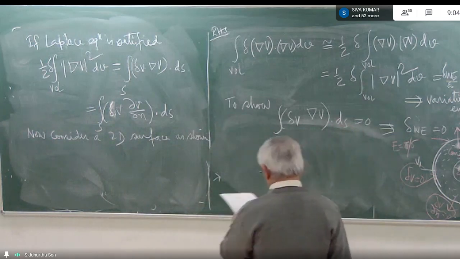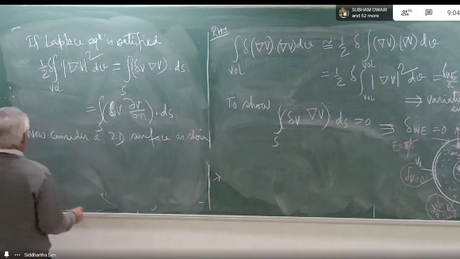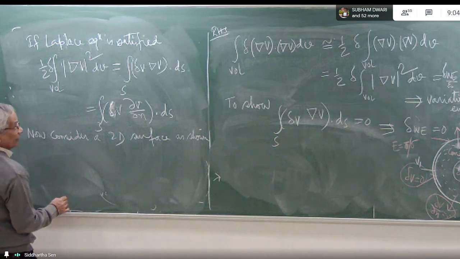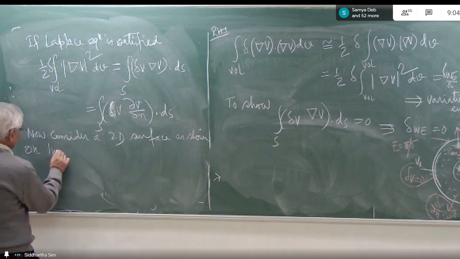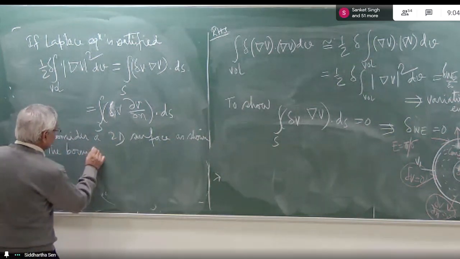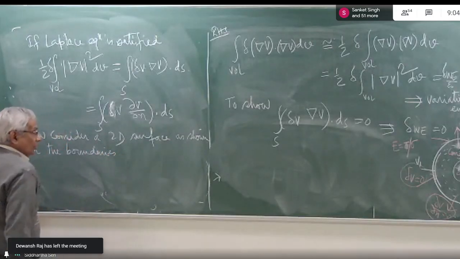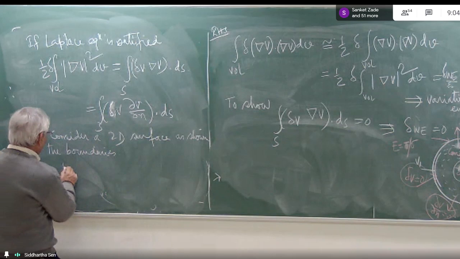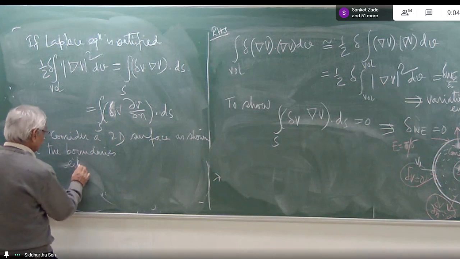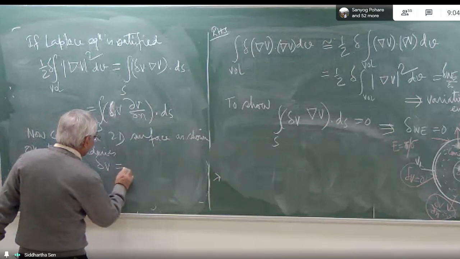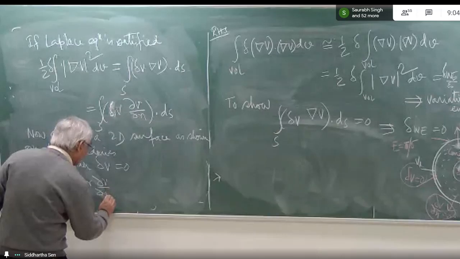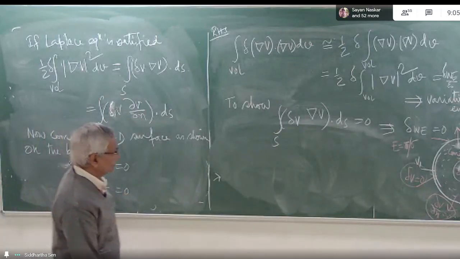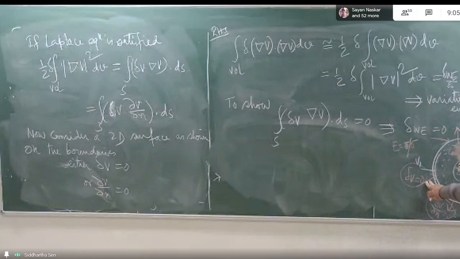But what we wanted to say is that on the boundaries, we can say either delta V equal to 0 or del V del N equal to 0. You see what we said, either delta V equal to 0 or del V del N equal to 0.